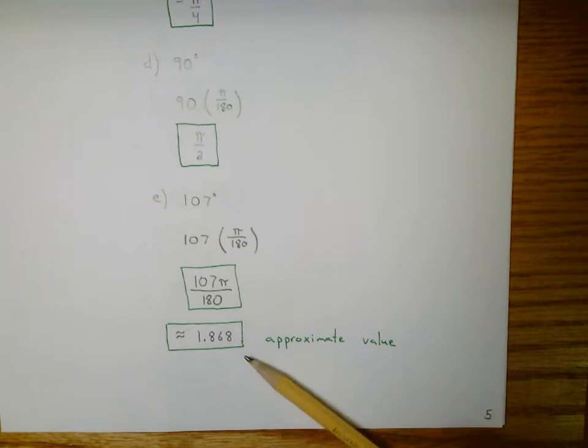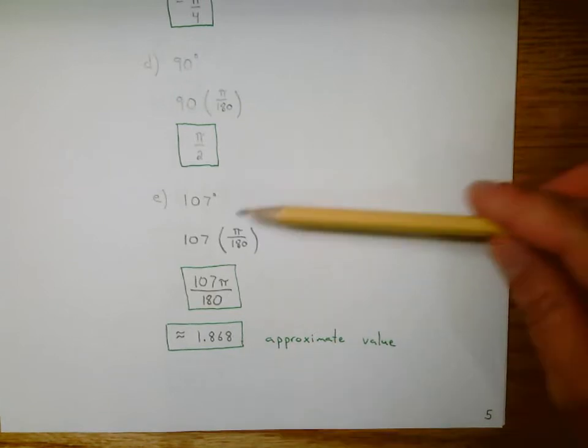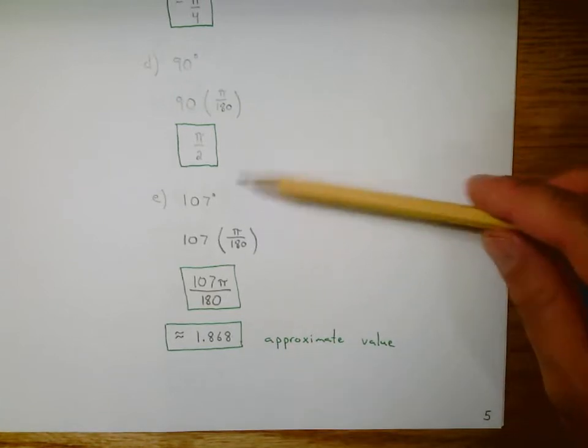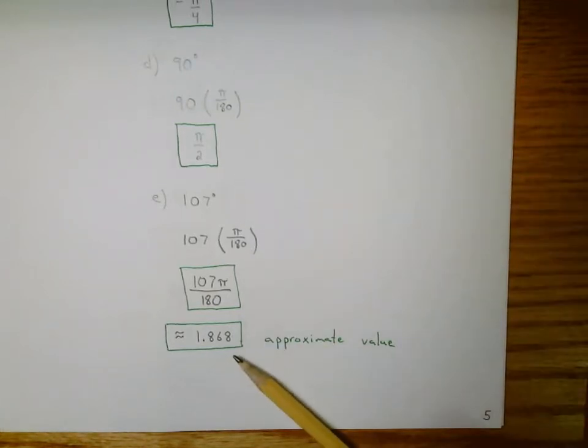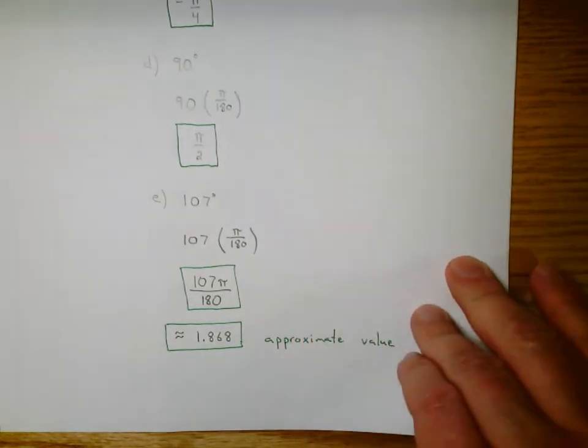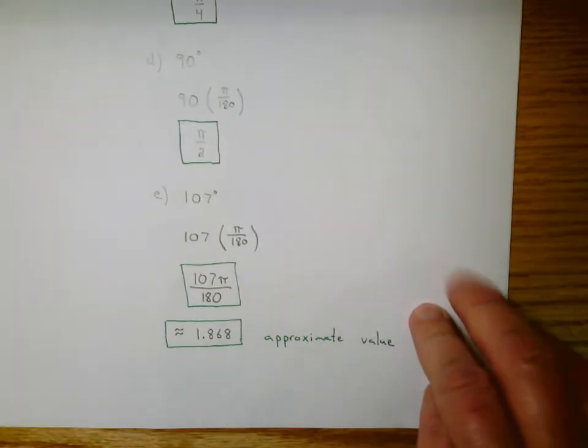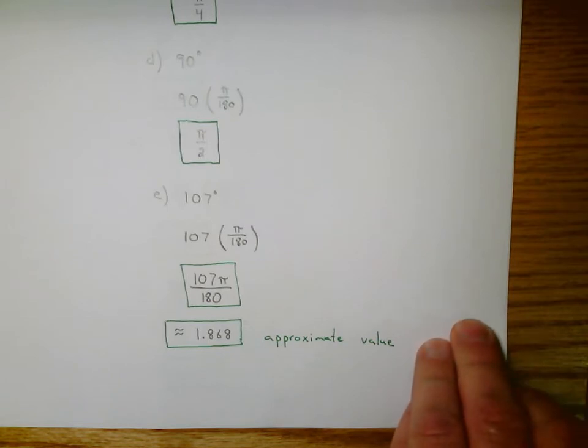I chose to approximate this one just to show you that I can do that on my calculator. 107 degrees is just under 2 radians. Okay, we didn't take the time to approximate all of them, but I wanted you to know you could do that. Pause the video to make sure that you have example 4E in your notes.